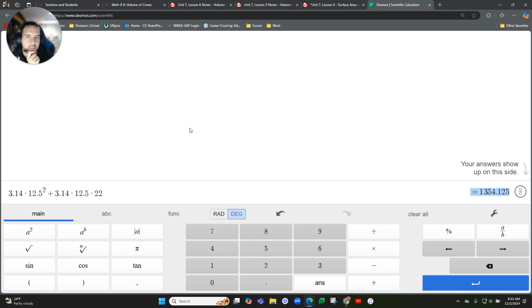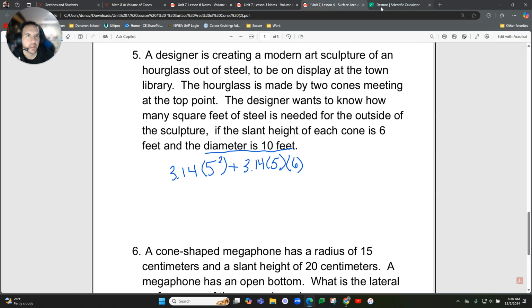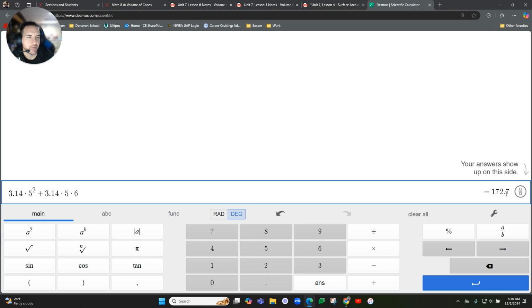All right, so again, I'm just going to go back into decimals. This time the radius is 5, so I'm just going to change it to 5 instead of 12.5. And then the slant height was, I hope I just remembered that right, 6? Yeah, 6. All right, so our answer is 172.7 for 1 cone. So I'm just going to do 172.7, and then multiply that by 2.